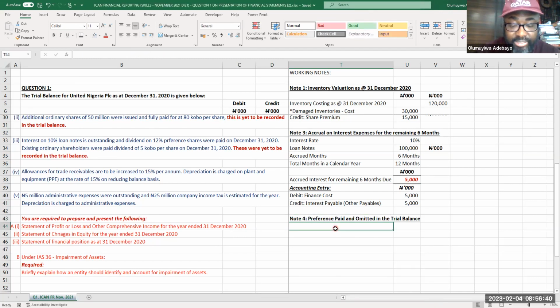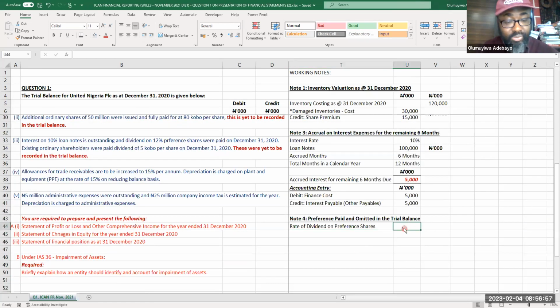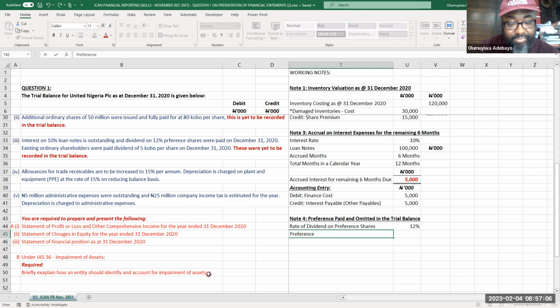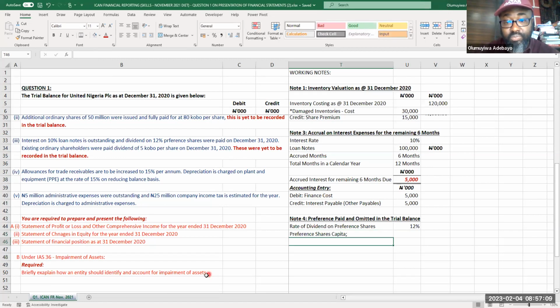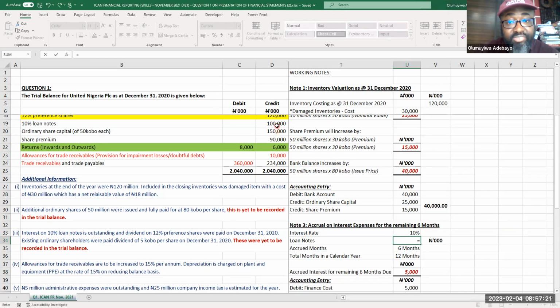Now, what is the rate of dividend on preference shares? We're told it's 12%. Yeah. I come here and say 12%. What is the preference share capital? Let me link this so that I can know where it's coming from.